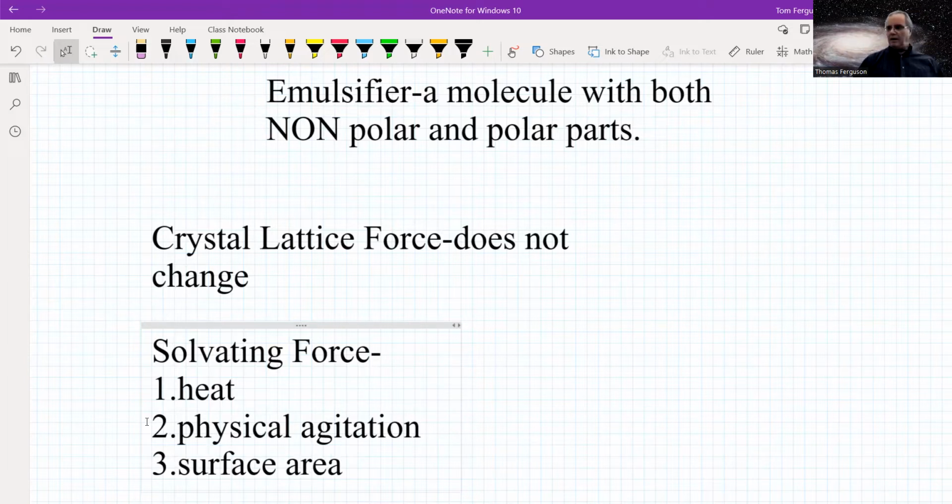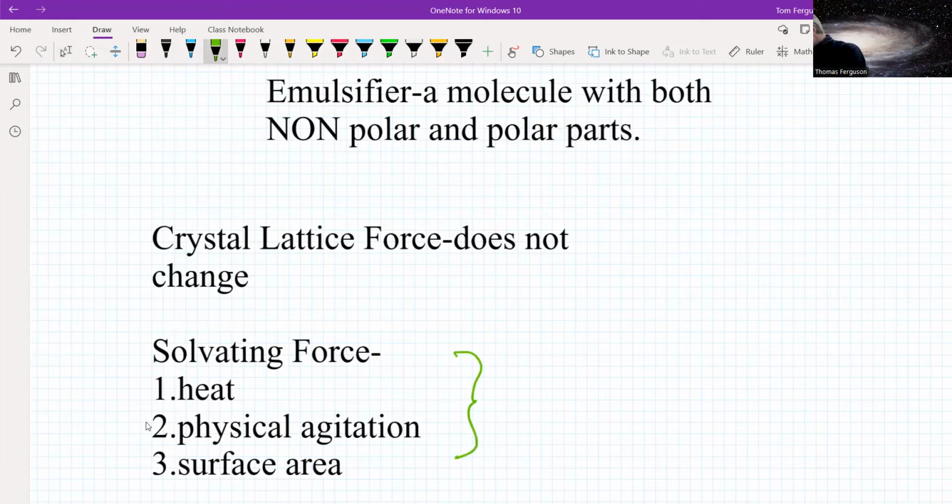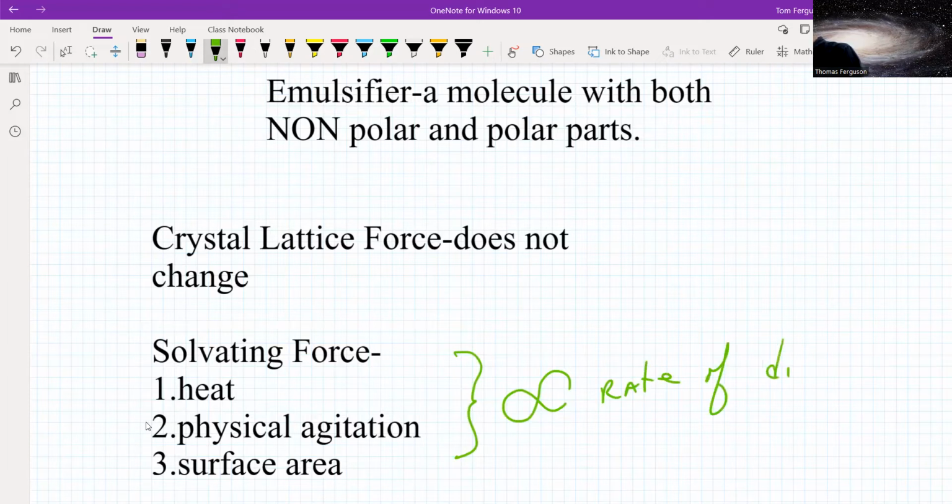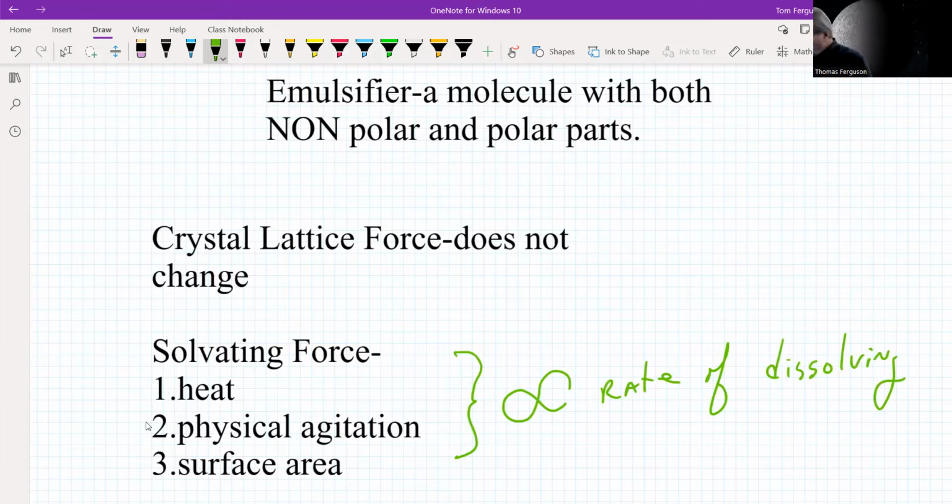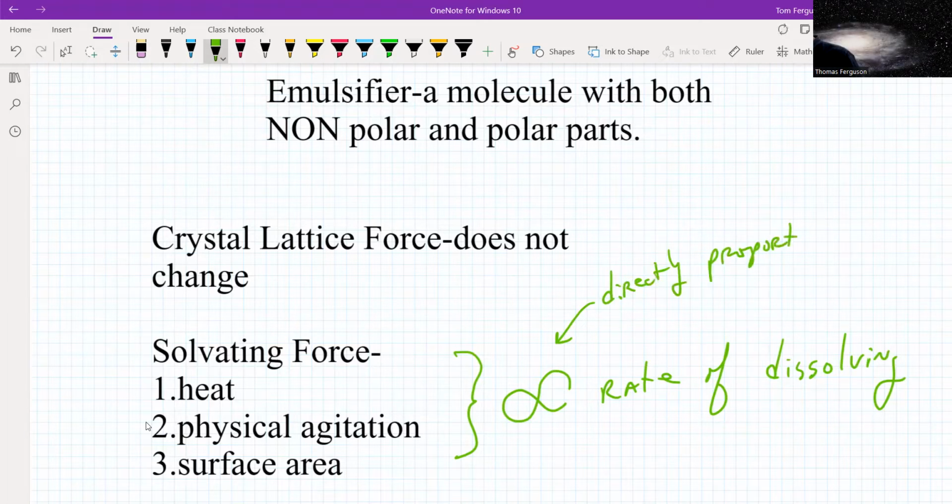So these are all directly proportional, and that's what that open infinity sign means.